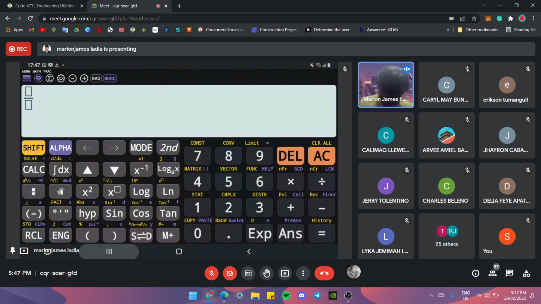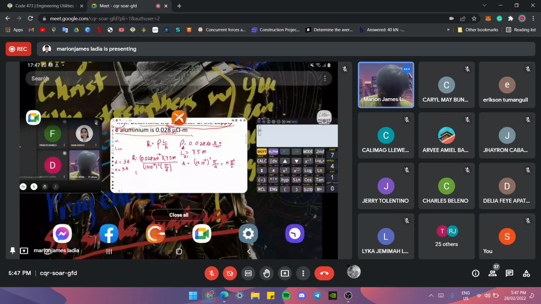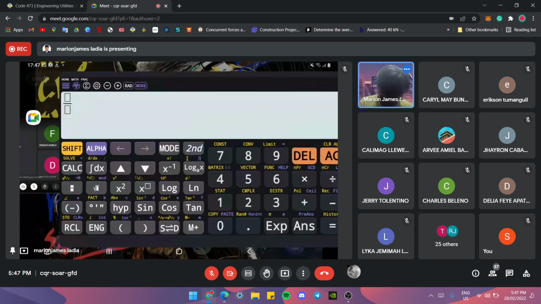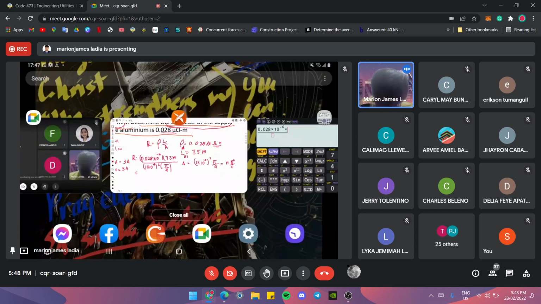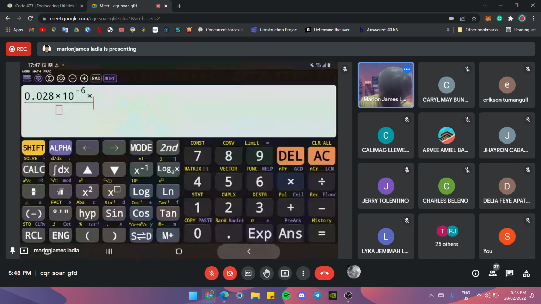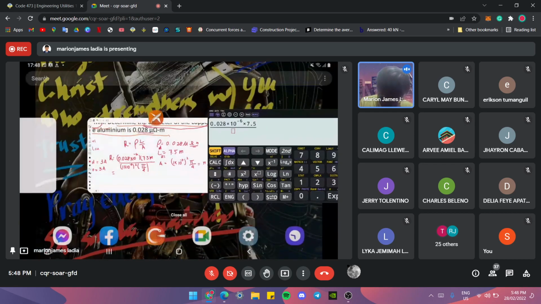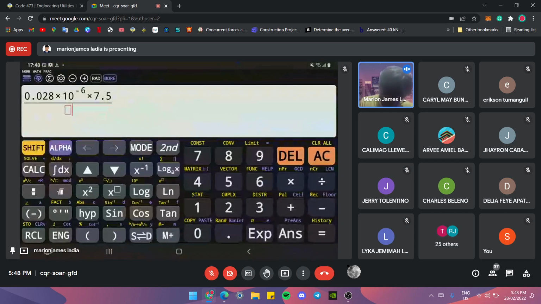Para pag face-to-face, at least, advantage. So, 0.028 multiplied by 10 raised to negative 6. So, yan. Okay, multiplied by 7.5 meter divided by 1 times 10 raised to negative 3 squared.